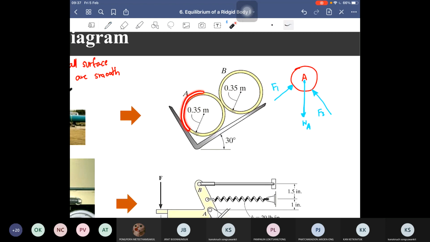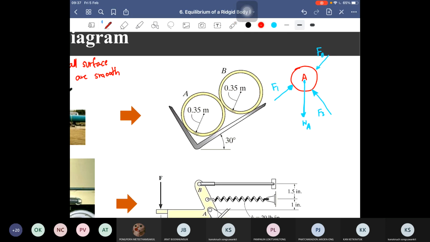The pipe A also contacts with the surface B. Between the contact surface, of course, we have a reaction force, FB. So here are the forces that act on body A.